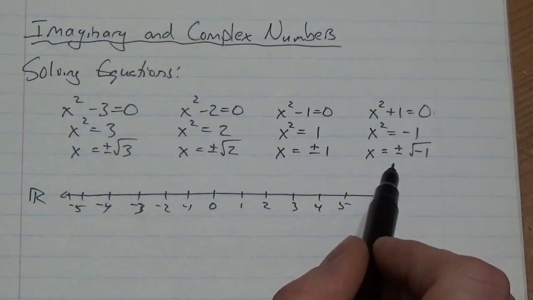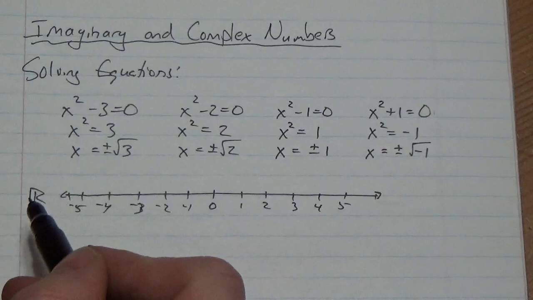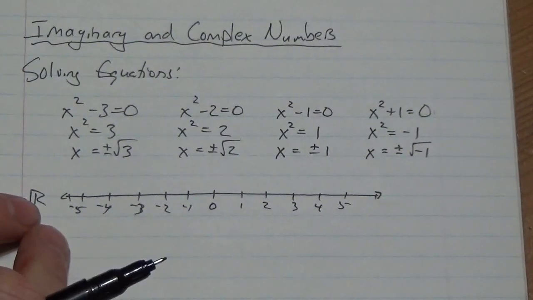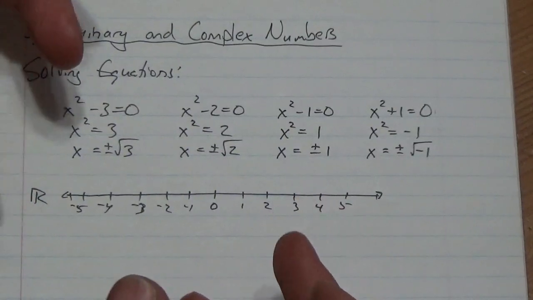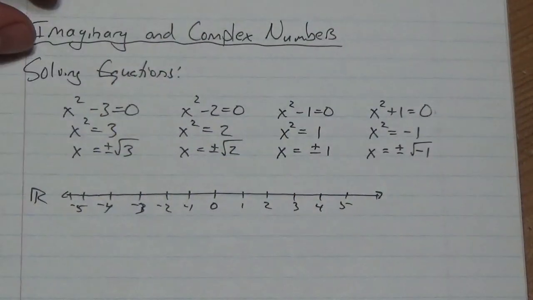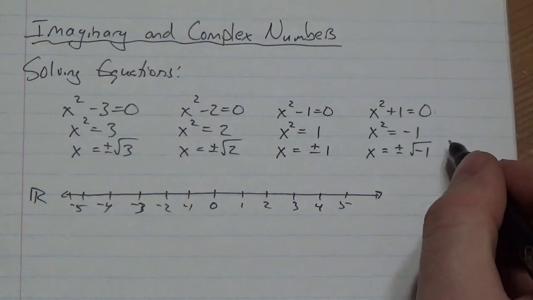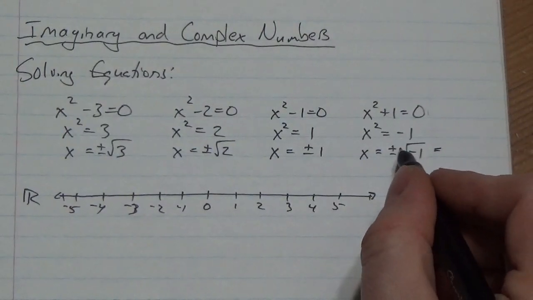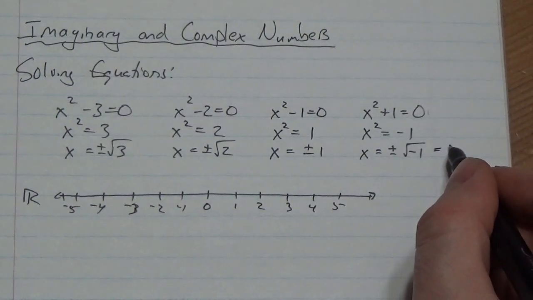But here's the thing. The square root of negative 1 doesn't show up on this number line. There is no number along the real number line that I can square to produce a negative 1, which is kind of an interesting result. So what we do, and I'm sure a lot of you are already familiar with this, is we simply call the square root of negative 1 i.